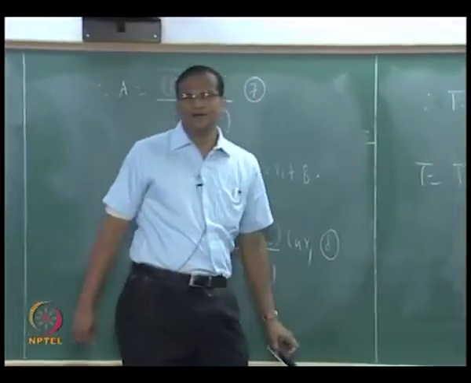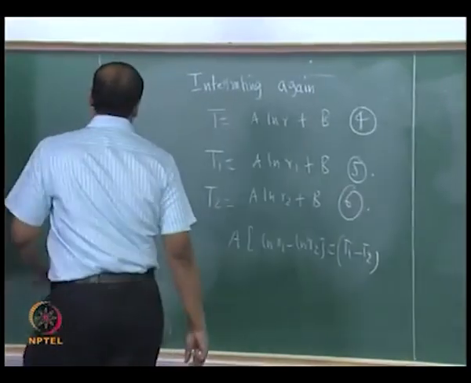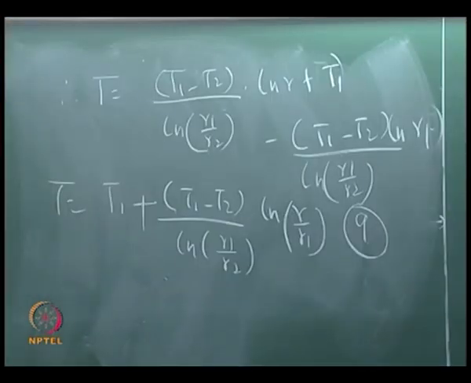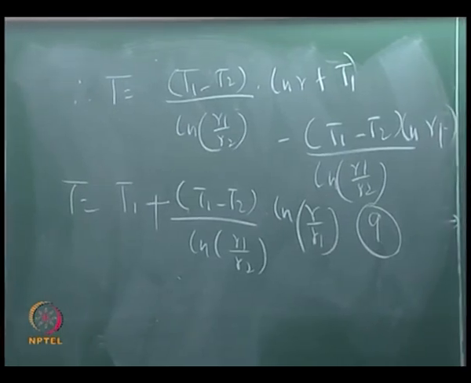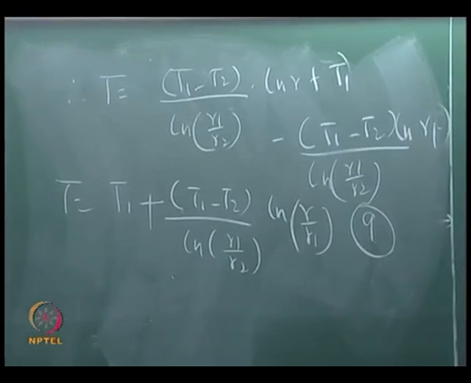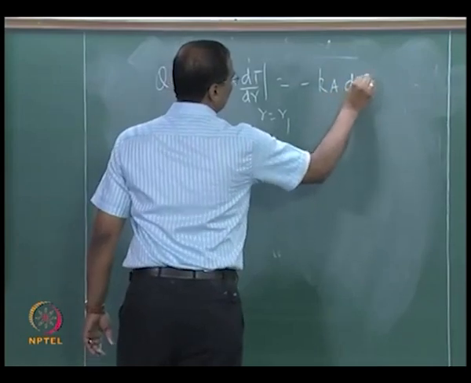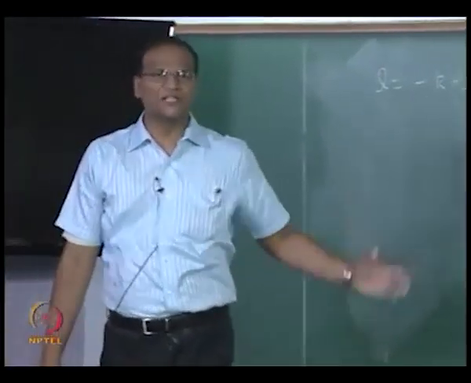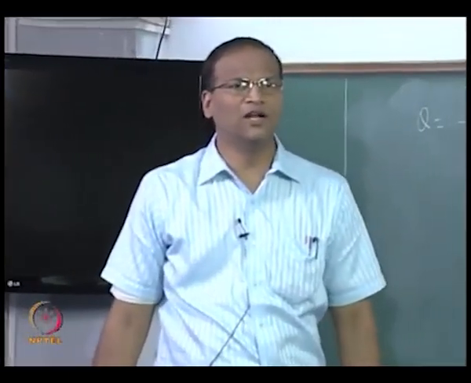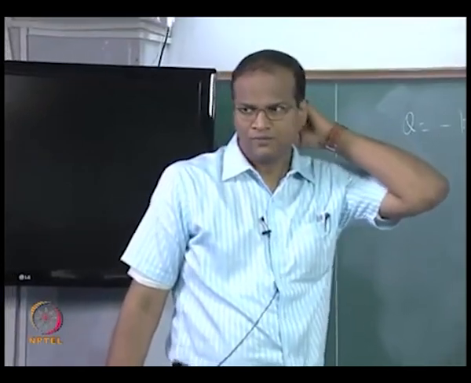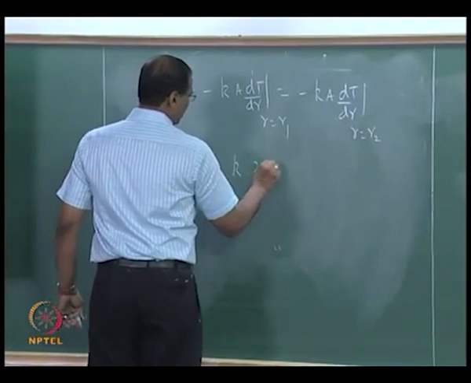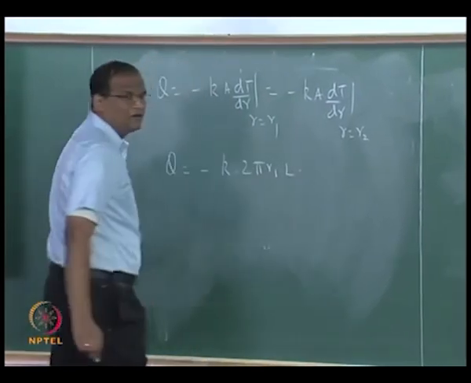So we got the temperature distribution. We are interested in the heat transfer rate. This has to be correct. That's how we wrote the equation d by dr of r dT by dr equal to 0. So if this is the case, what is dT by dr?